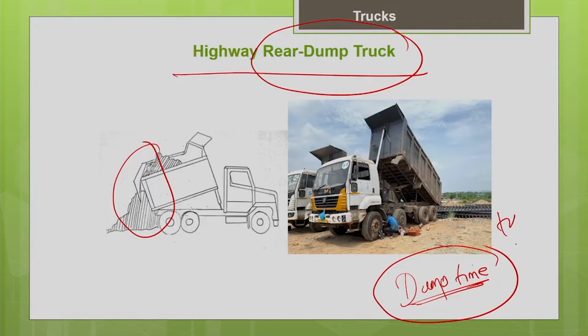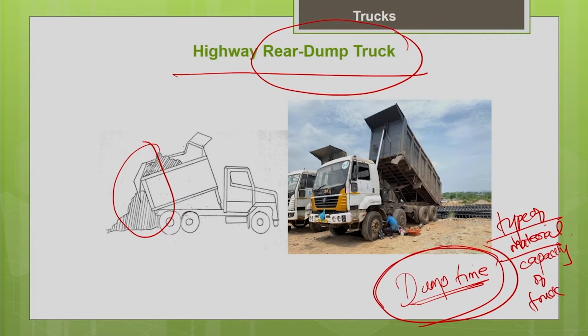Obviously it depends upon your type of material also. Some material may be easily flowing, in that case dumping will be relatively easier. It also depends upon the capacity of your truck. Your truck capacity and the type of material, all these things will influence the dump time. But basically rear dumping takes more time because you have to exactly locate the location, and you may even have to travel in a backward direction to locate that location, and then dump it.